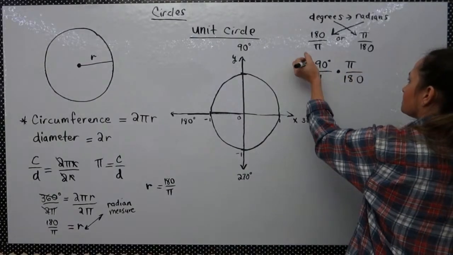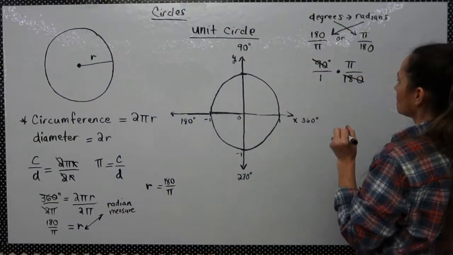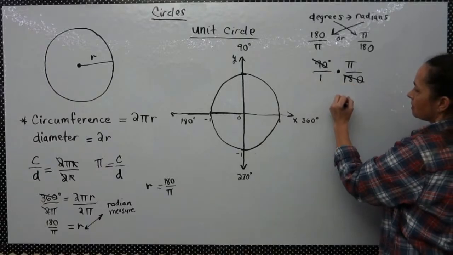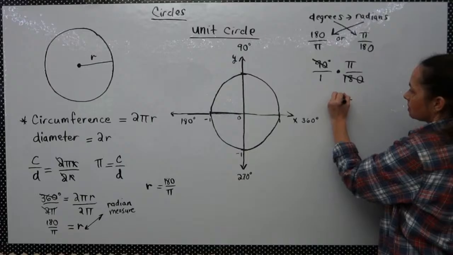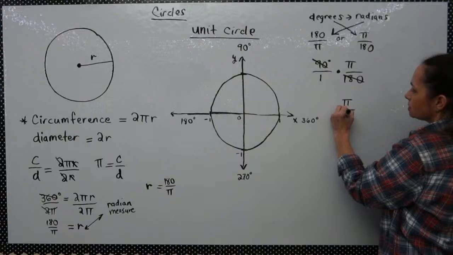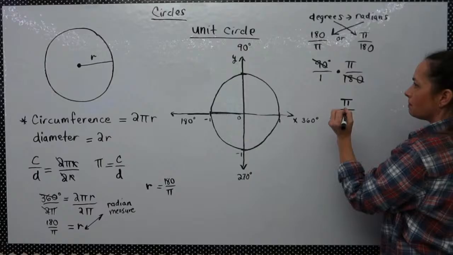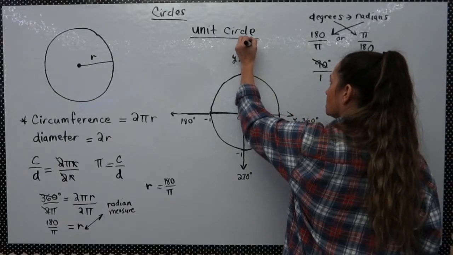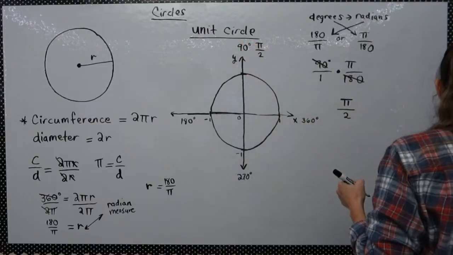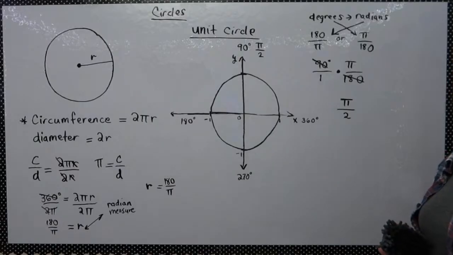I didn't say it wrong, but I could have, because I make a lot of mistakes. All right, so this is going to be pi divided by 90 goes into 180 2 times. So this is going to be pi over 2 for 90 degrees. So it's 90 degrees, and it's also pi over 2. Okay. I thought I did it wrong.